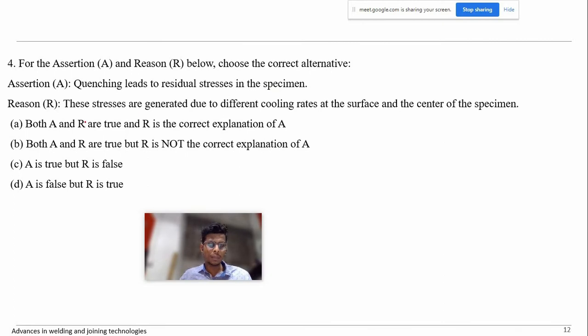So residual stress will happen. And the reason they have given is that these stresses are generated due to the different cooling rates at the surface and the center of the specimen. Yeah, this is obviously the correct reason. So the answer will be: both A and R are true, and R is the correct explanation of A.